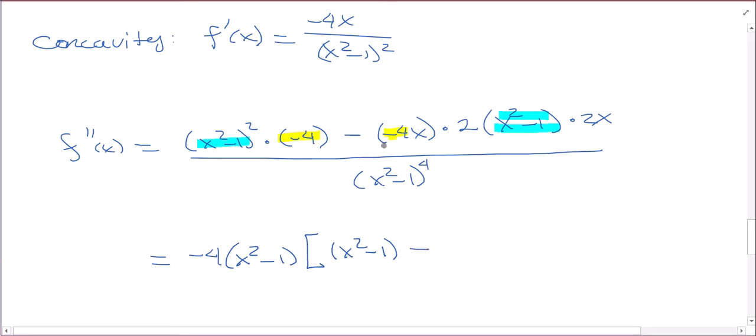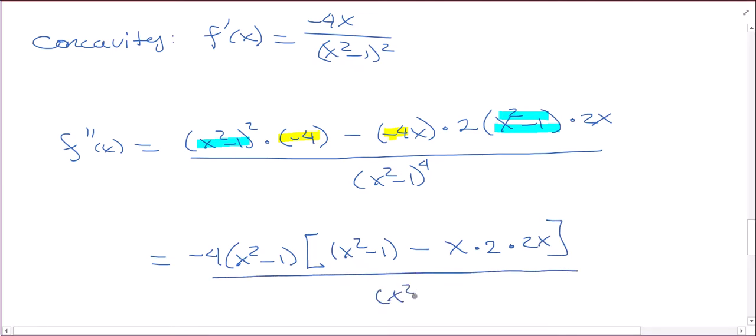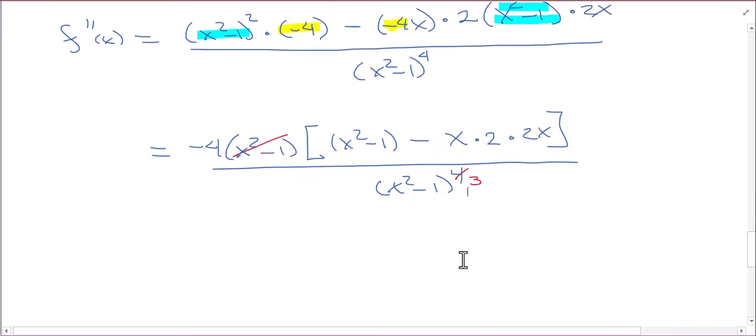So minus, we took out this negative 4, so that x is there, times 2. We took that one out, but I still have that 2x, all over x squared minus 1 to the 4th power. And now we can get rid of that one with one of those and continue to simplify.